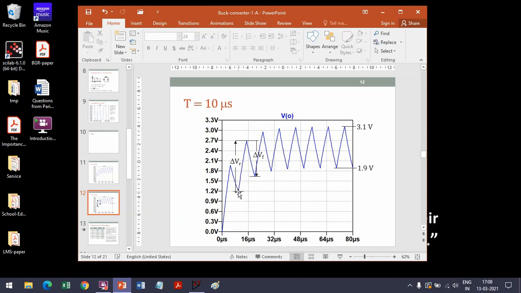This is the change in the output voltage during the rising period, and then this is the change in the output voltage during the falling cycle. All right, and eventually the voltage is oscillating between 3.1 volts and 1.9 volts.